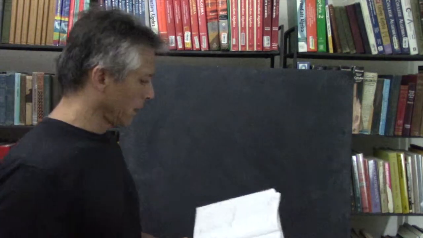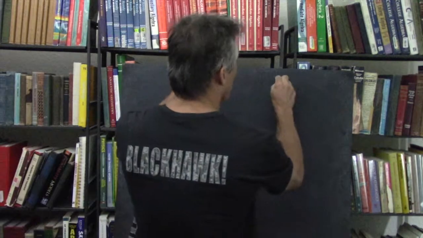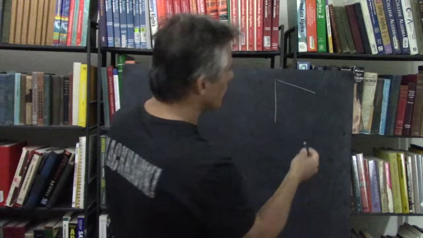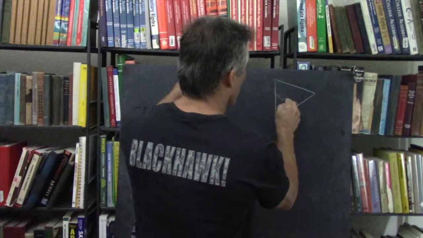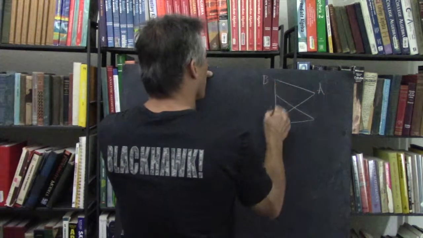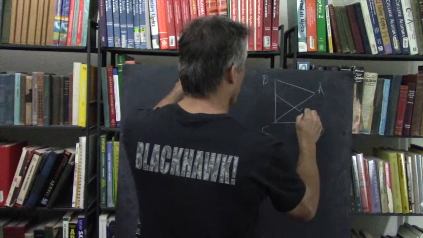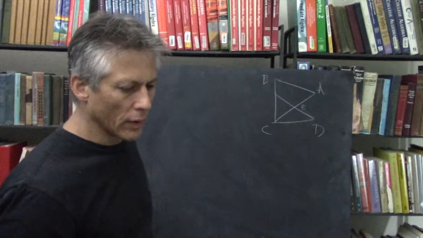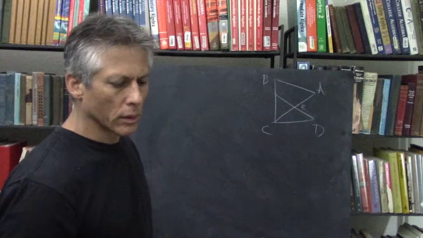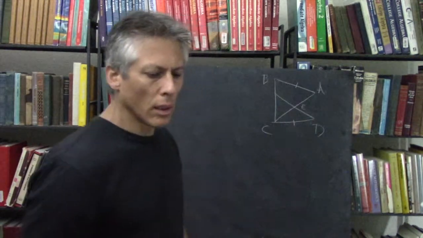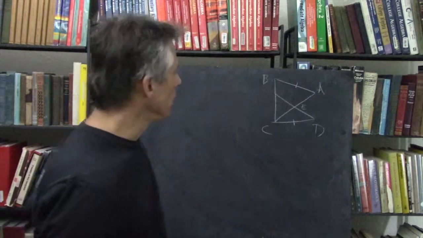So we're given a diagram like this, A, B, C, D, E. And we're given AB is congruent to DC, and AC is congruent to DB.